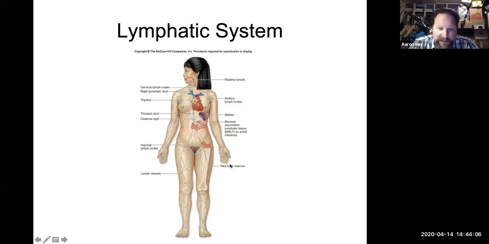Okay, so here we have various components of the lymphatic system. We're going to have red bone marrow, because that is where most of the white cells originate. And sometimes they go to other lymphatic organs. This organ here called the thymus looks like a blob of fat on the heart.